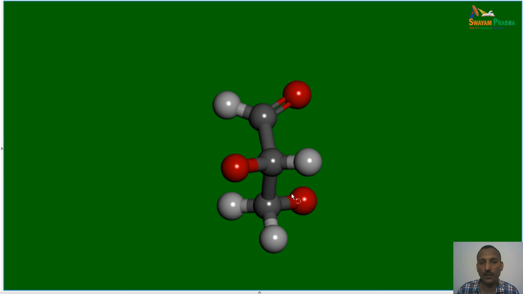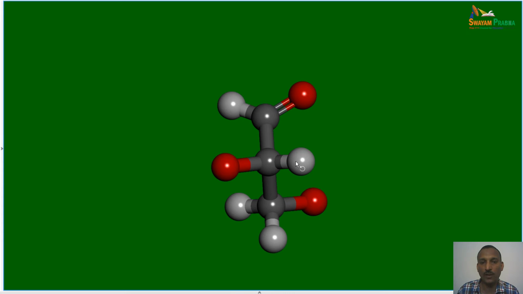If I am the observer in the front, these two atoms are pointing towards me. In this case, the hydroxyl group is on the left hand side. As we remembered, L for left. So if the hydroxyl group is on the left hand side, we have the L isomer. So this is nothing but L-glyceraldehyde. This way we can see the three-dimensional representation as well as the 2D Fischer notation for this molecule.